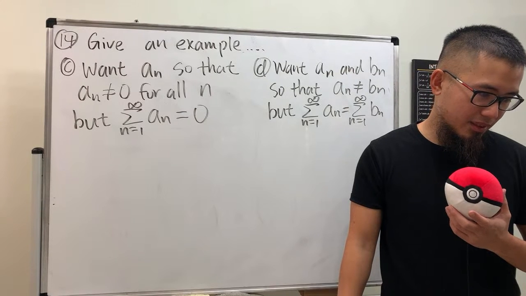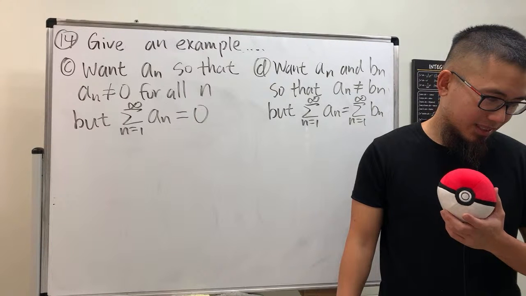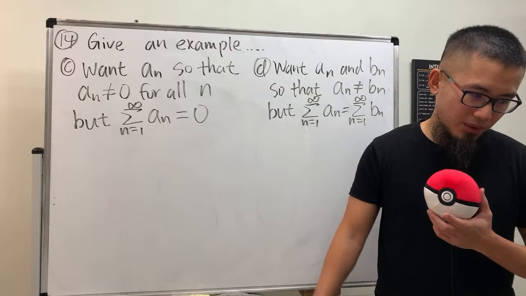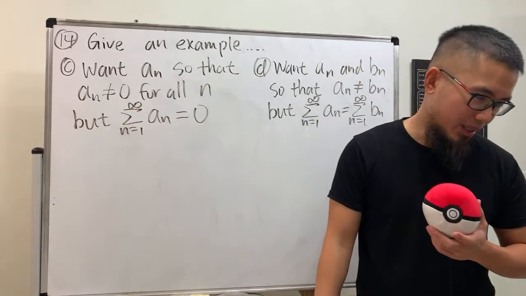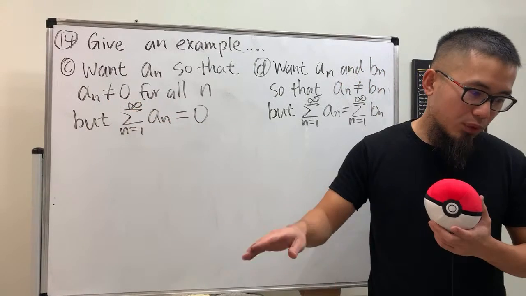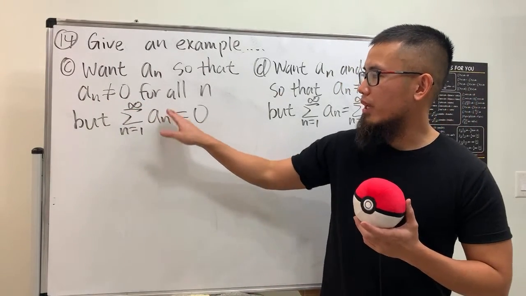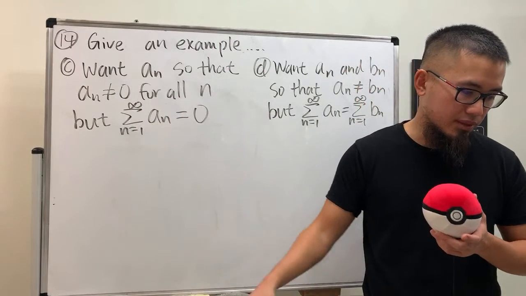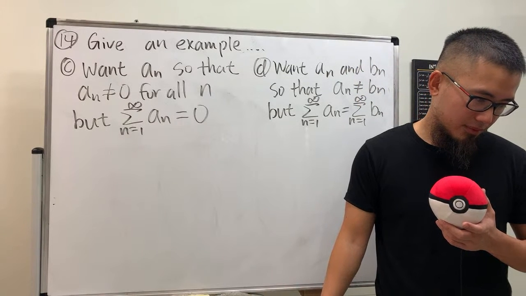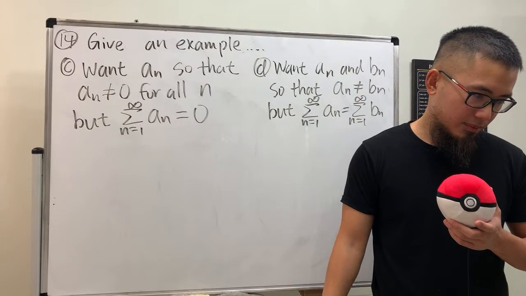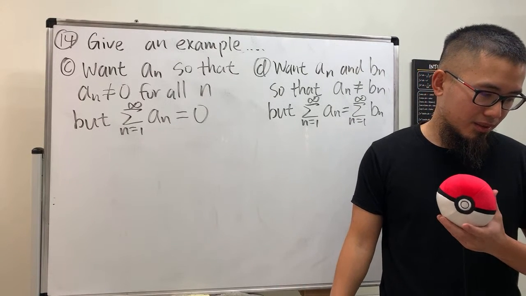Do you guys have any answers? So far, I haven't seen any. Well, if you say 0 to the n, we want a_n not to be 0, so you cannot do that. Negative 1 to the n does not converge, so it does not work. I'll stay for another 3 minutes to see if anybody can come up with the answer.